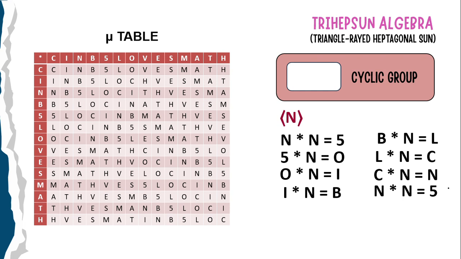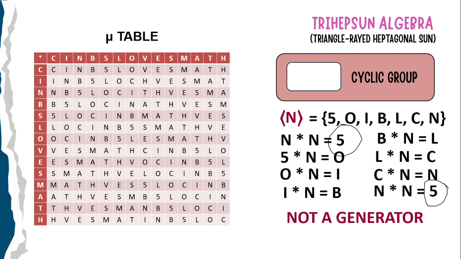Since our element is being repeated again, we stop here. Therefore, we conclude that N is not a generator since it does not generate all the elements on our group table. So N generates 5, O, I, B, L, C, and N.